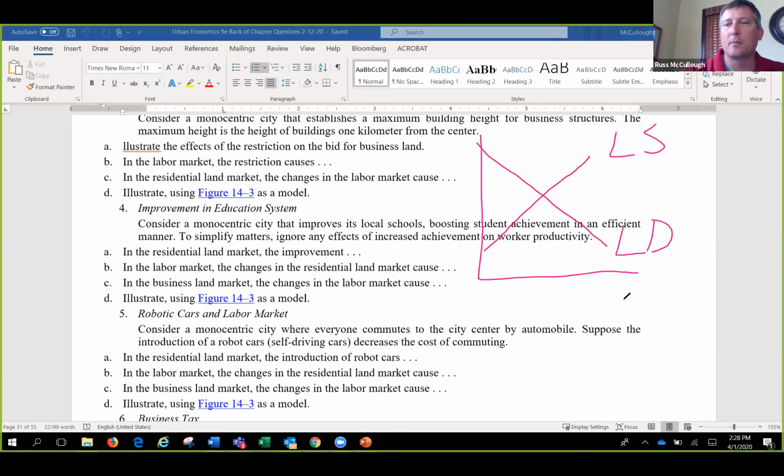And we've got the number of workers. And this is basically the wage, right? Maybe I should put wage here. So we got the wage. And so it starts at some initial equilibrium. Let's call it W1.